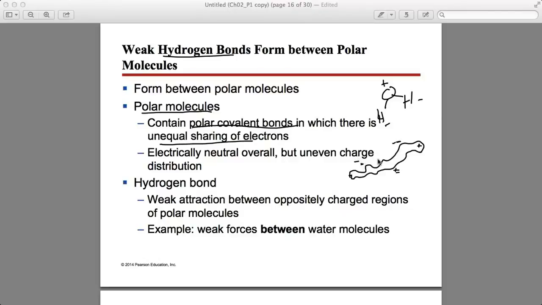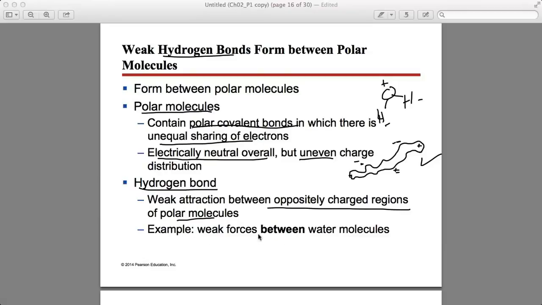So we say that this molecule is electrically neutral overall, but the charge distribution is uneven. And so this type of molecule or compound could engage in hydrogen bonds as well. So this hydrogen bond is a weak attraction between oppositely charged regions of polar molecules.